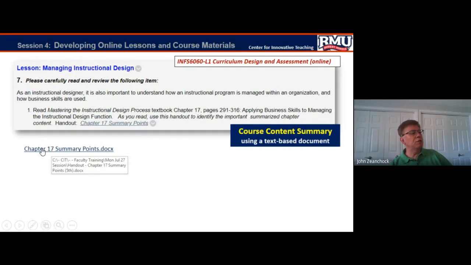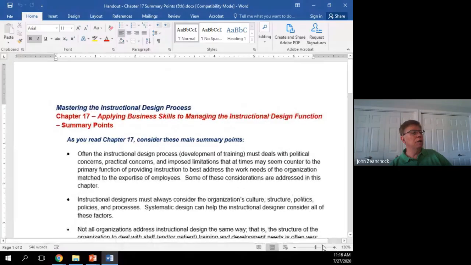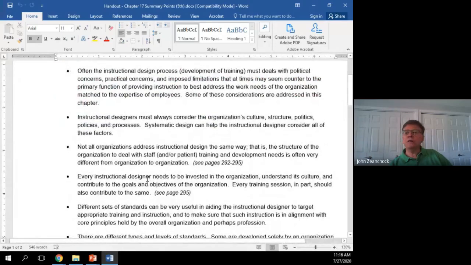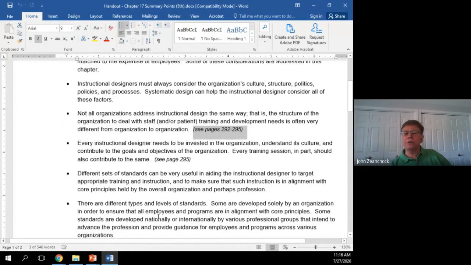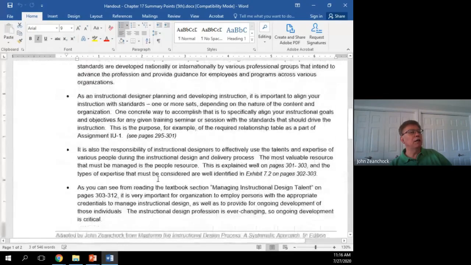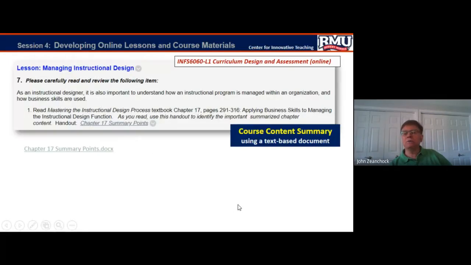So for example, here's a chapter 17 summary of points, which I gave to them as a Word document, and simply went through the chapter and pulled out what I thought the main points were, even referenced specific pages from the chapter, and did it in logical sequence as they read through the chapter, so that they will be able to better see the things that I think needed to be highlighted, because they're probably going to be using it at some point in an activity, an online discussion, or some other type of graded or non-graded assessment for the course.